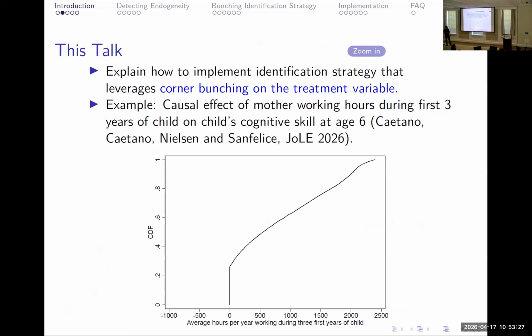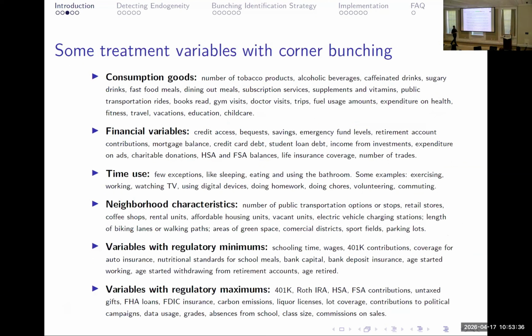Like I was saying, this kind of concentration, usually in the corner at 0, is a very common thing. If you find treatment variables like that, you can essentially use the bunching approach, because you oftentimes see bunching at 0.